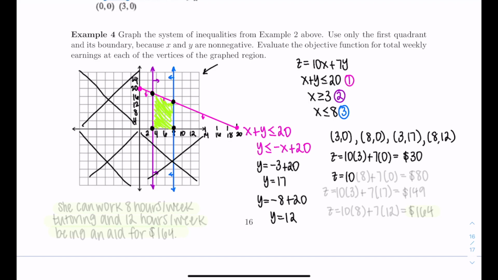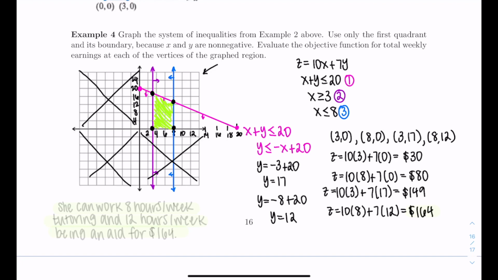Z equals 10 times 8 plus 7 times 0 gives me $80. Z equals 10 times 3 plus 7 times 17 gives me $149. And z equals 10 times 8 plus 7 times 12 would give me $164.